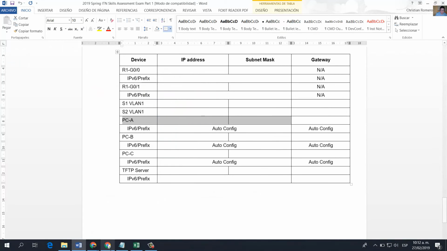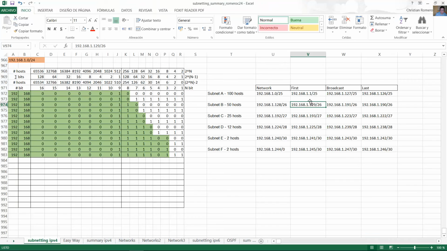PCA can use any in the range between 2 and 126.